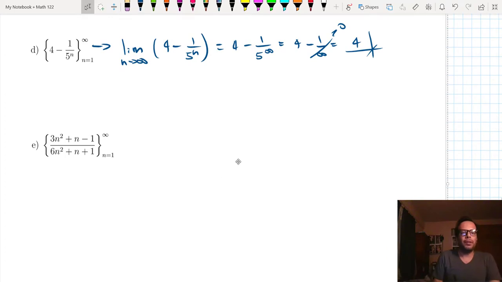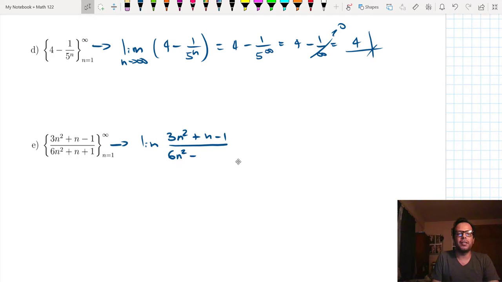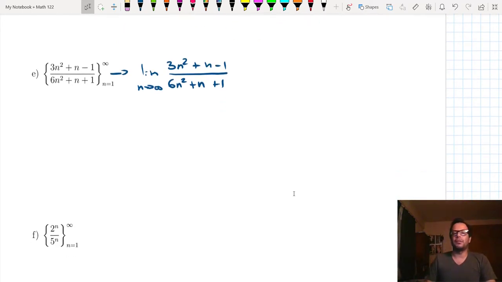Let's look at one with a polynomial. Limit of 3n squared plus n minus 1 divided by 6n squared plus n plus 1, as n approaches infinity. Okay, how do we evaluate limits that contain polynomials? There are many different approaches.